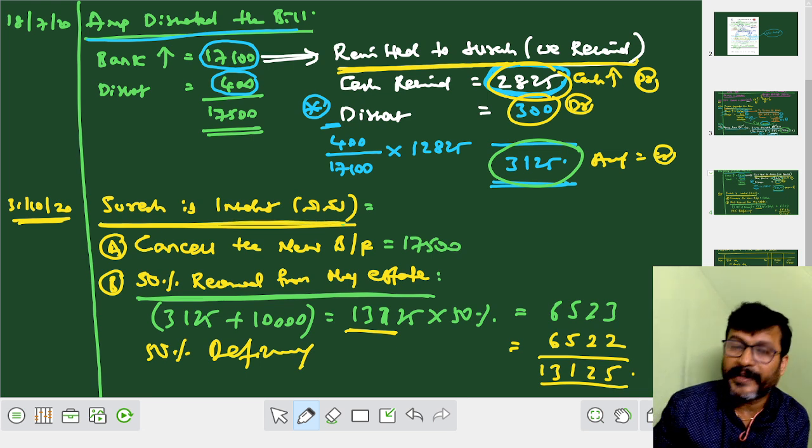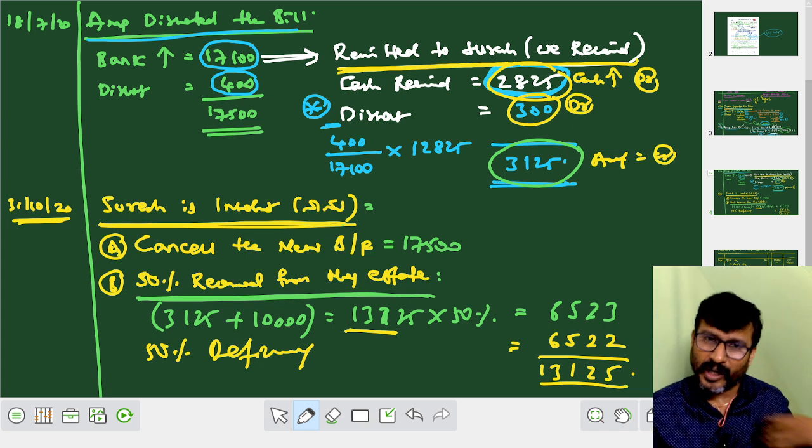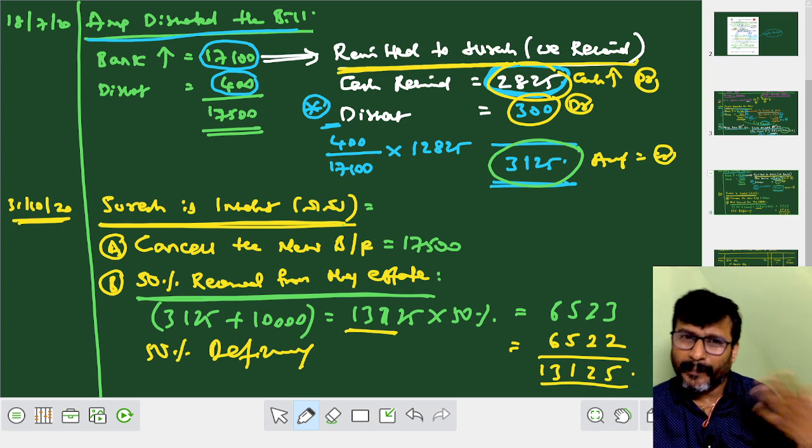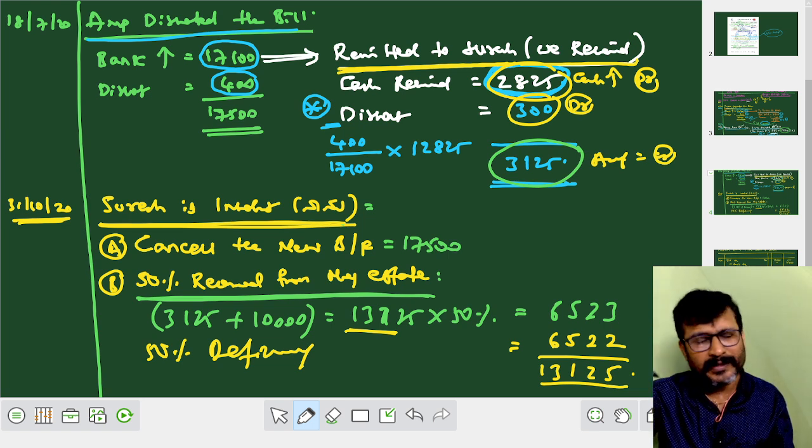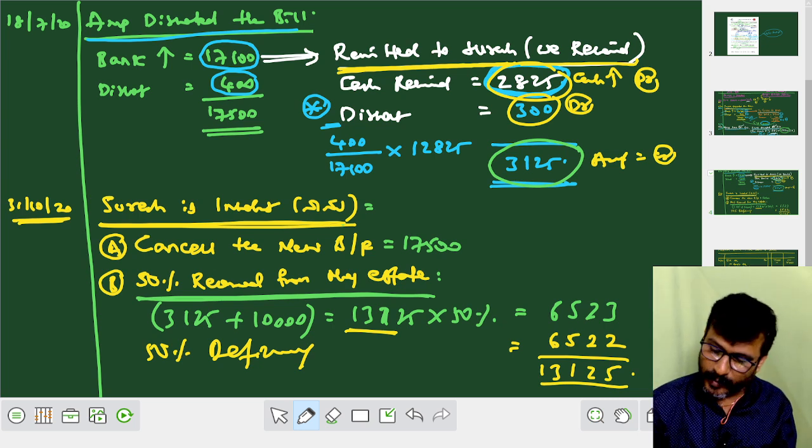After receiving the money, what happened? Suresh is insolvent. Who is Suresh? Nanu, I, hum. When hum insolvent हुआ तो क्या करना? Earlier to this, new BP was drawn. That new BP is to be cancelled.